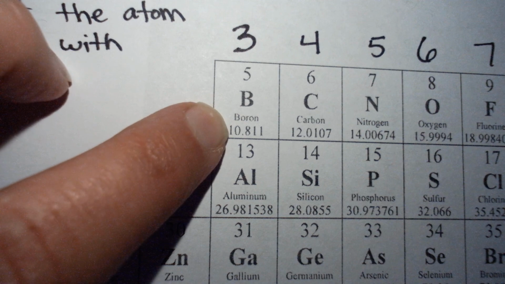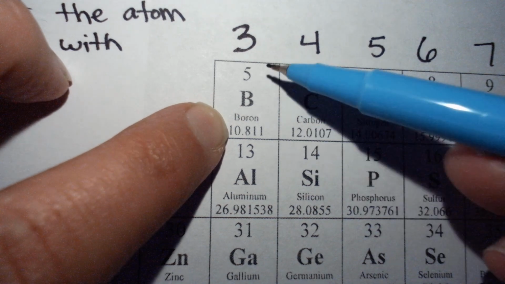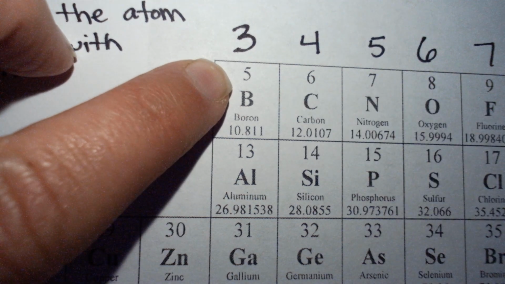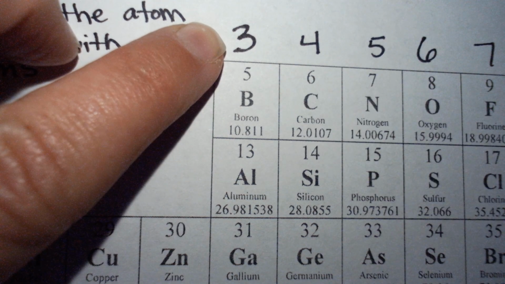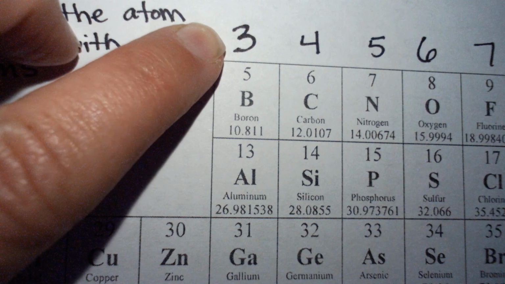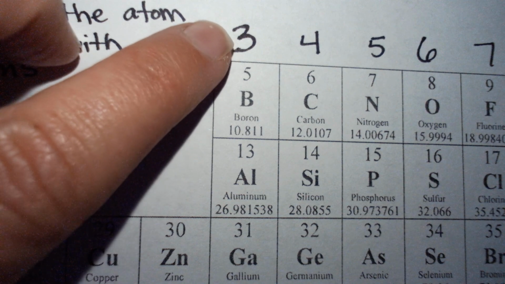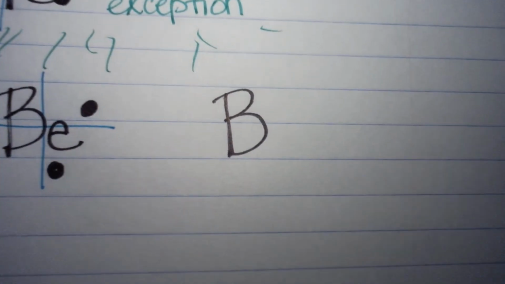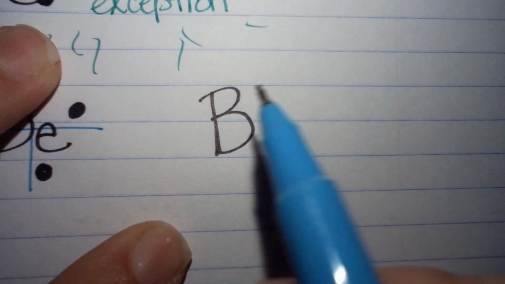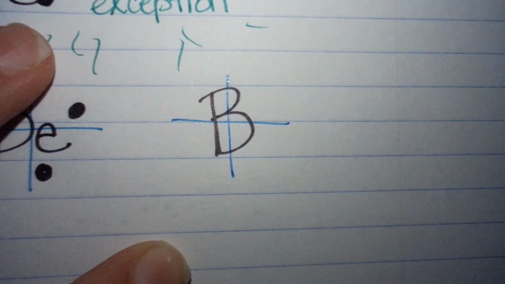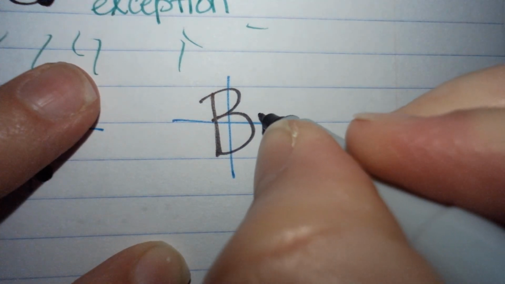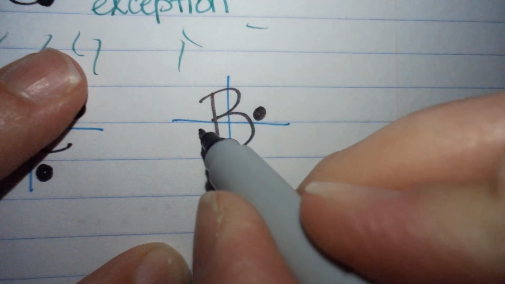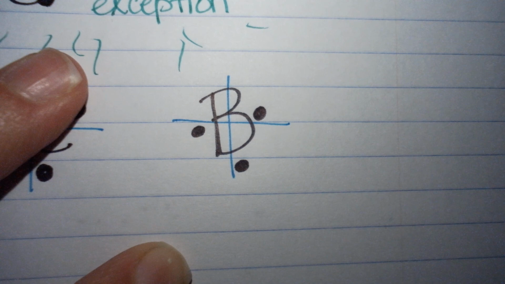Its average atomic mass is 11, so 11 minus 5 is 6 neutrons, and 5 electrons, but only 3 of them are on the outside. 2 of the electrons are really close to the atom. 3 of them are on that outside energy level. So when we look back at boron, we're going to do our crosshairs. We have 3, so we're going to go the first side, the second side, the third side.